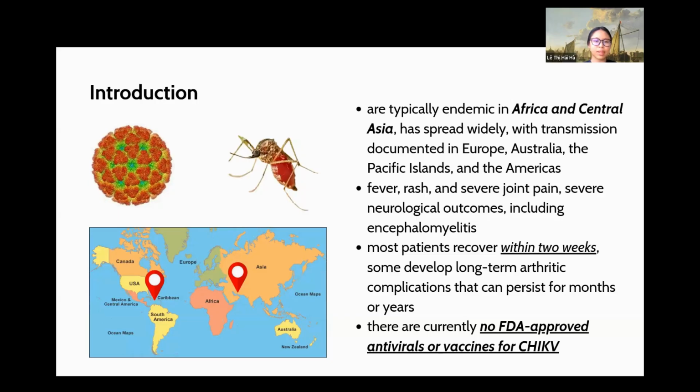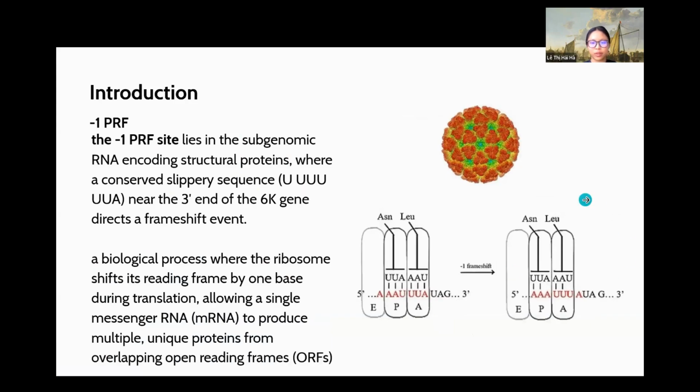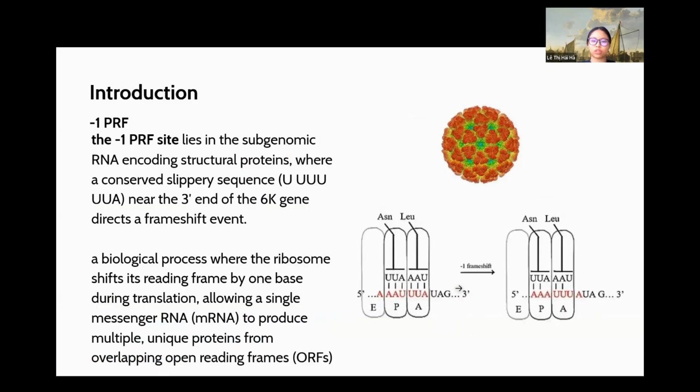Yeah. So what is programmed ribosomal frameshifting? You can see the picture taken from Wikipedia here. This is the biological process where the ribosome shifts the reading frame by one base during translation. It's like you have one recipe, but you can create many dishes from it.